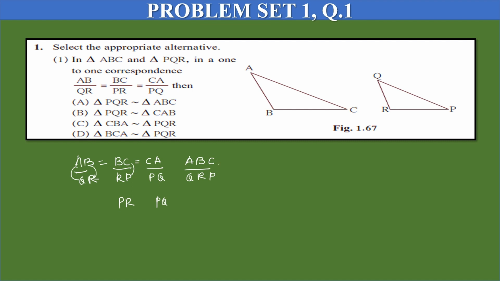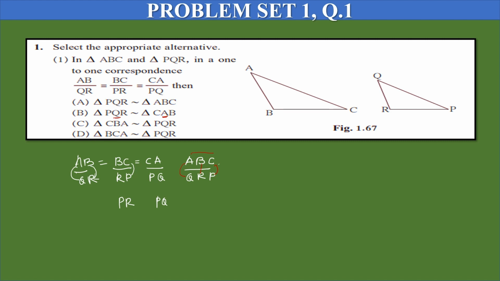So if we check this, A, B, C, with A it should be Q, with B it should be R, and with C it should be P. So A and Q first we'll check. Where is A? See here, A is in the second position, so Q is also in the second position.